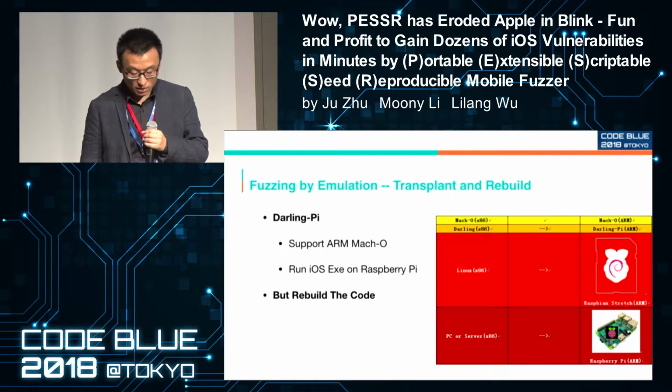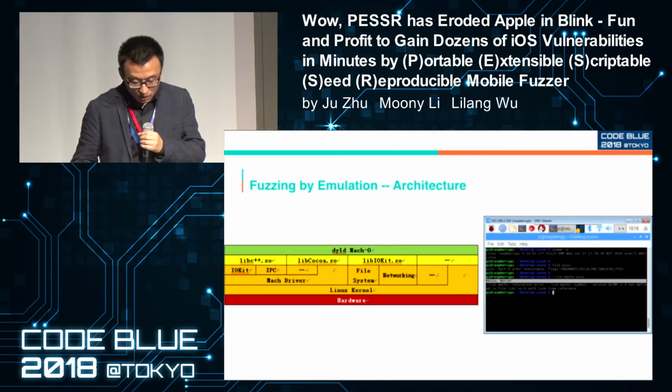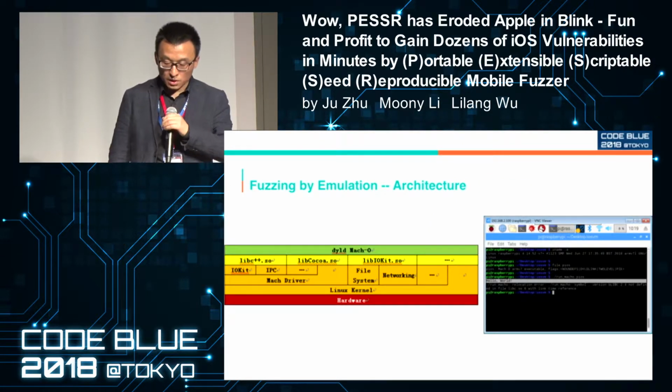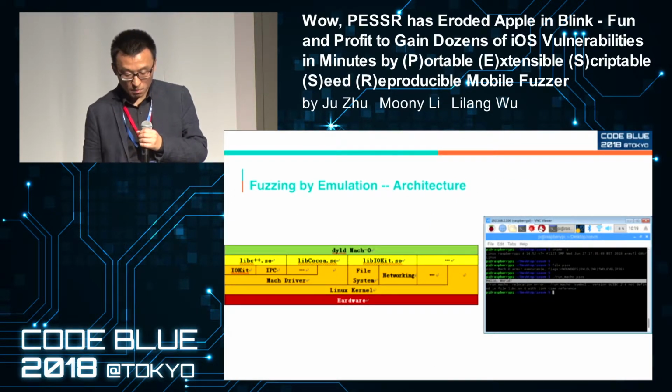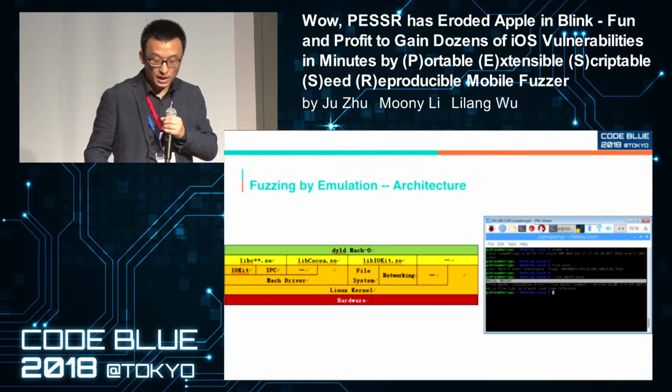But we just borrow its source and rebuild the code. Through the port, we have implemented a dynamic loader that can load iOS executables and the runtime system library and framework implementations to enable iOS executables to function.